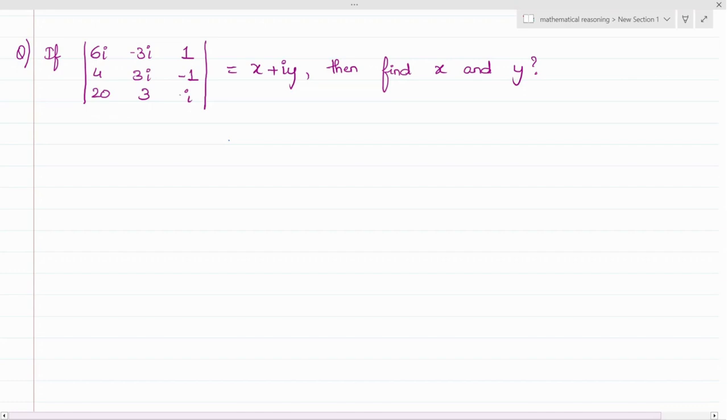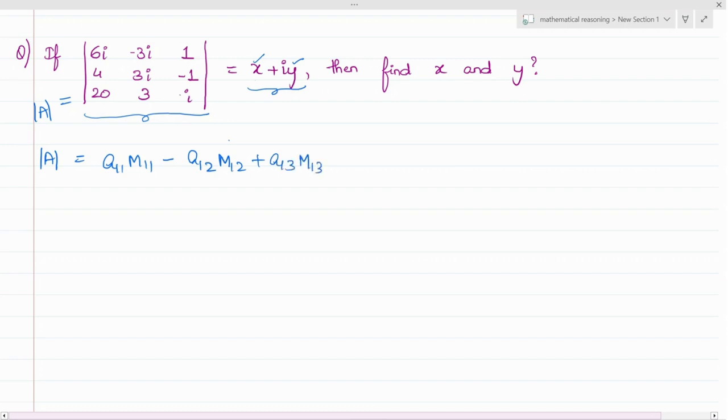In this question, it is told that if the determinant value is equal to x plus iota into y, we need to find the values of x and y. So assume this is determinant of A. So determinant of A is calculated by A11 M11 minus A12 M12 plus A13 M13.